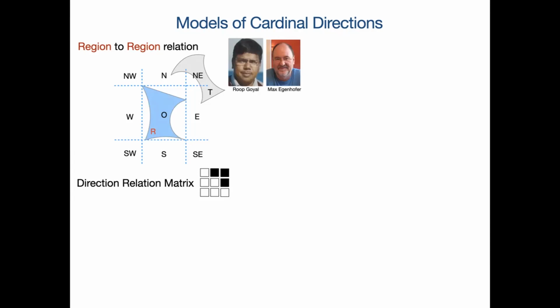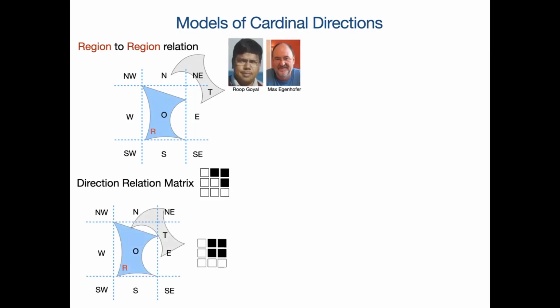The first direction relation model introduced keeps the target object shape, and they're approximating the reference object into the minimum bounding rectangle, and based on the reference object approximation, they're partitioning the surrounding environment into the 9 cardinal direction tiles.